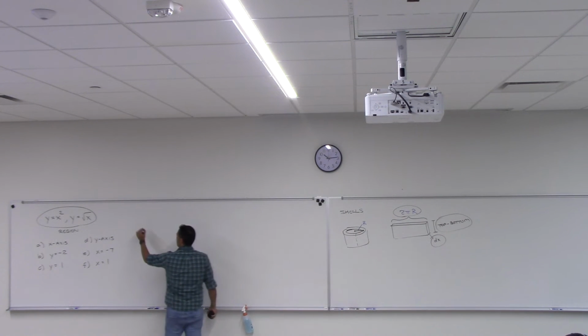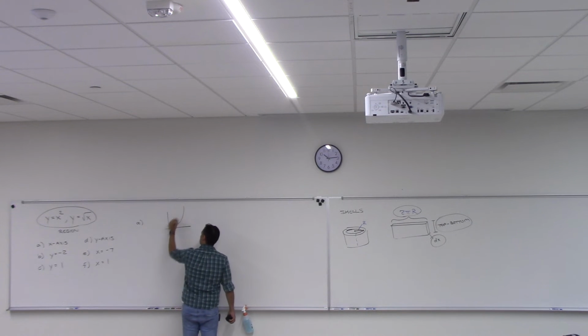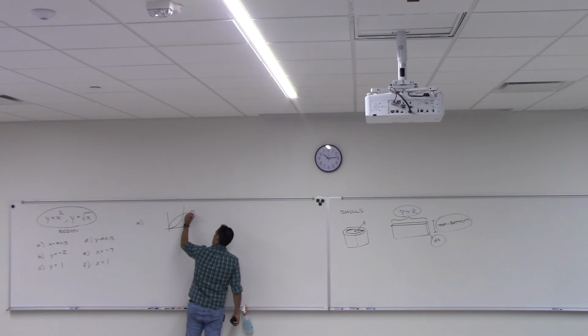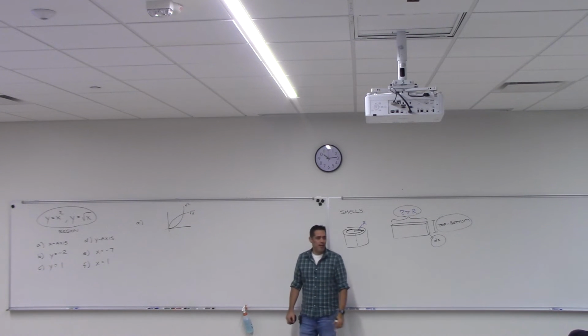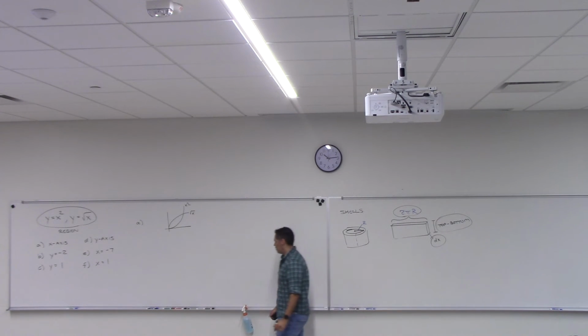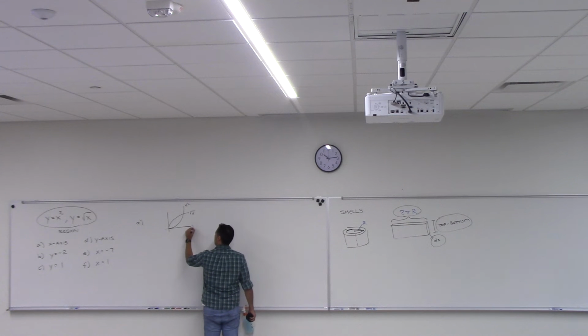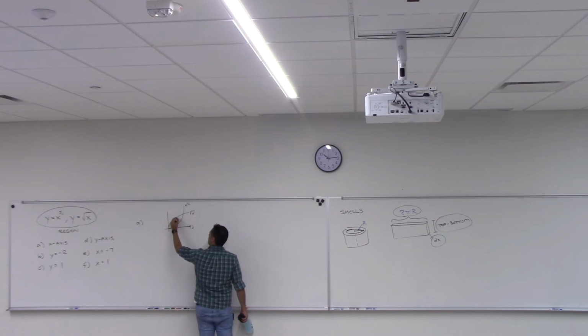So for part A, quick picture here. We're rotating it around the x-axis, right? So our axis of rotation is here. Vertical rectangle makes the most sense, right?